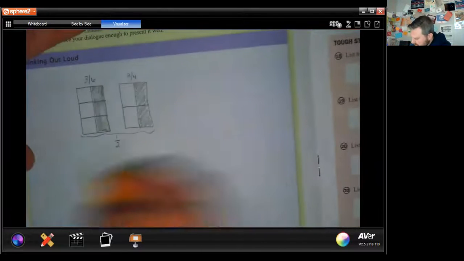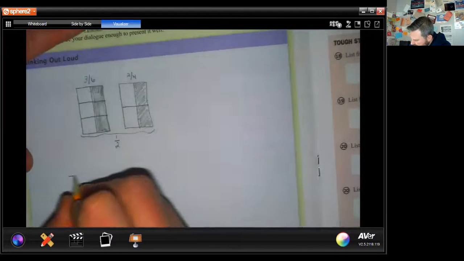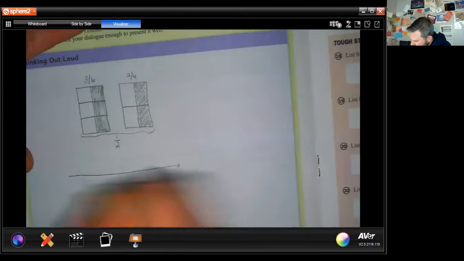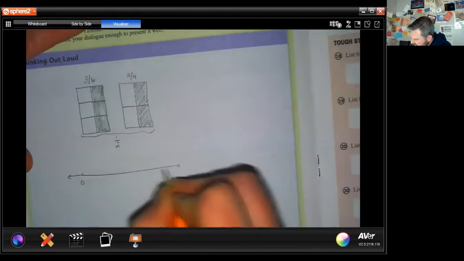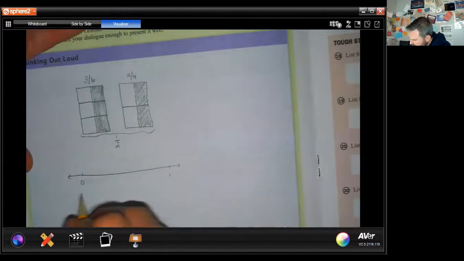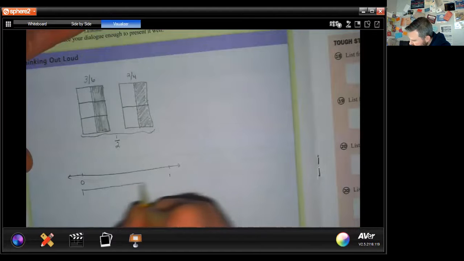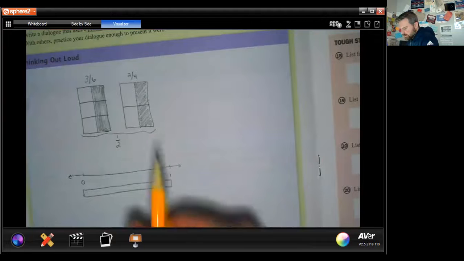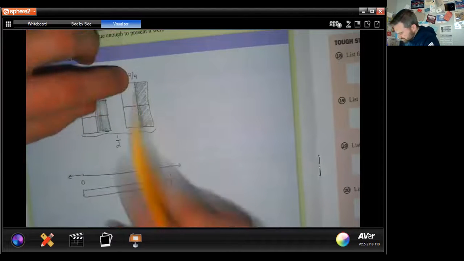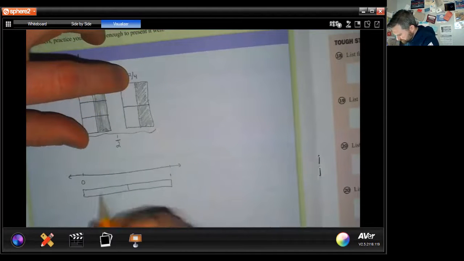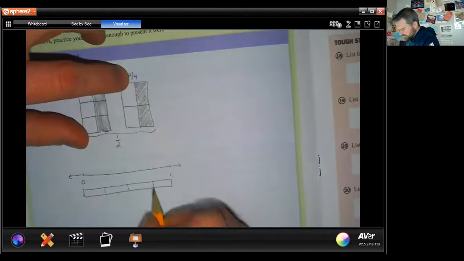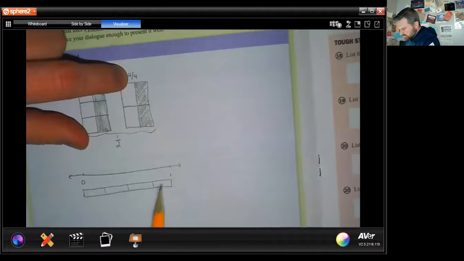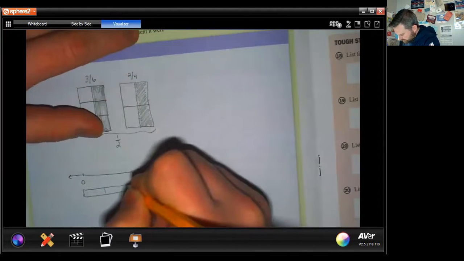Another way you could represent it is if I have this number line, 0 to 1, and I put a bar here. And if I split that bar into 4 sections, 1, 2, 3, 4. 2 over 4 is right here.